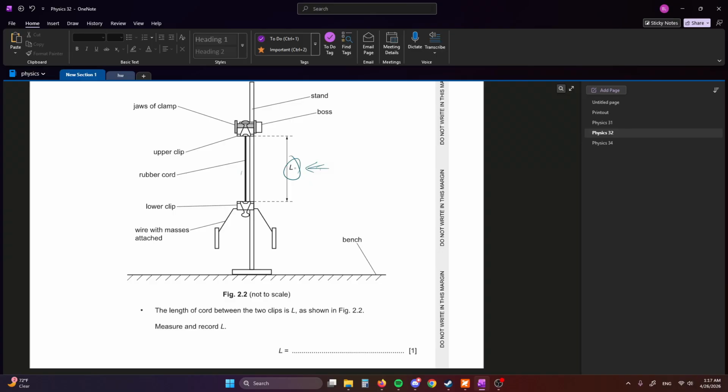Due to something called parallax error. This is a pretty common error. When you're measuring something on a ring stand, parallax error is another thing you could talk about. Moreover, for oscillation type problems, oscillations might be difficult to record.